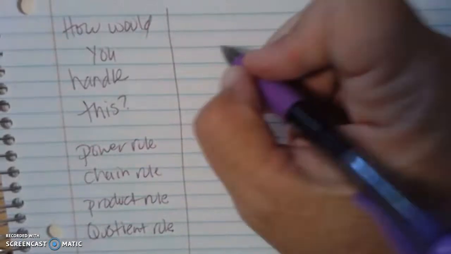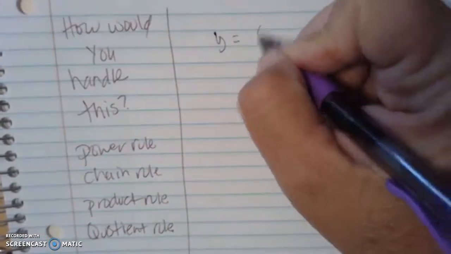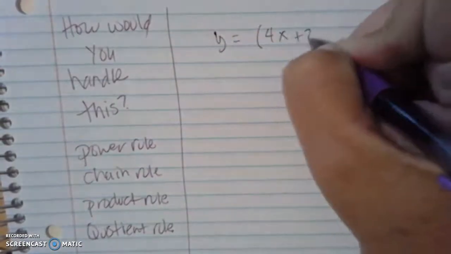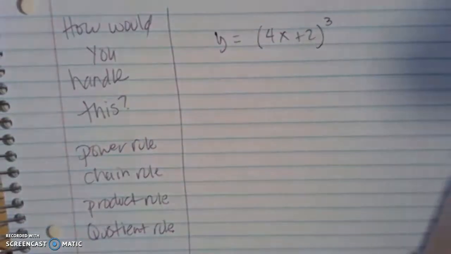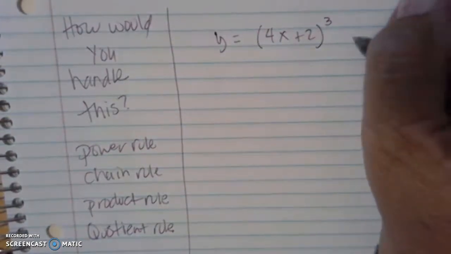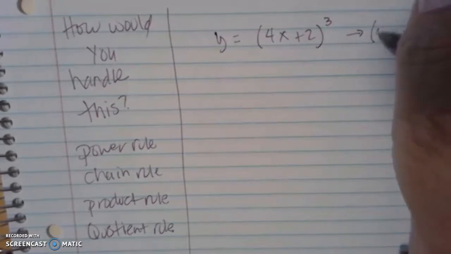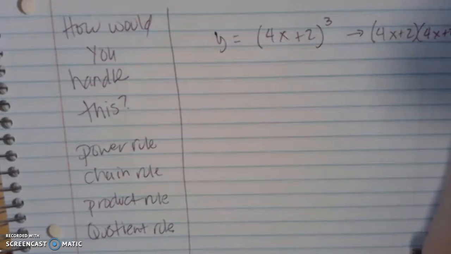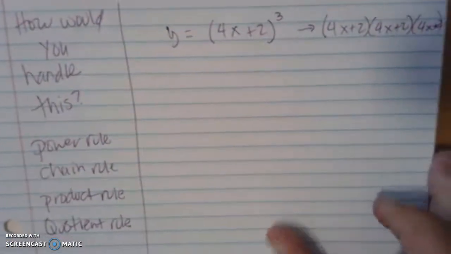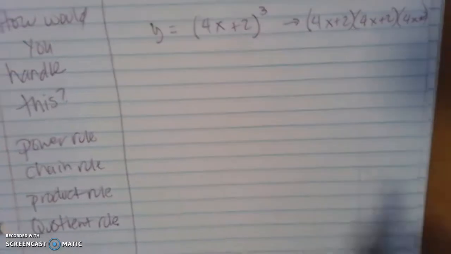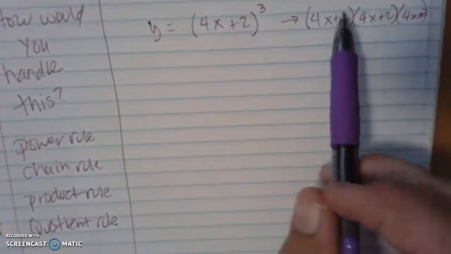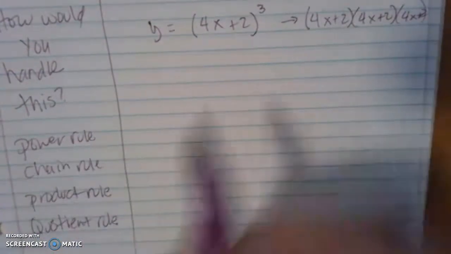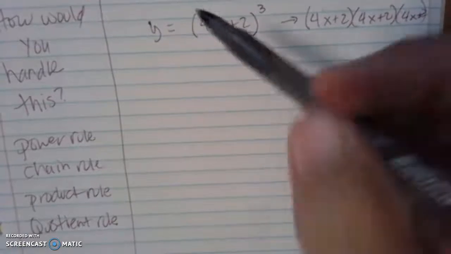Let's say the problem is y equals 4x plus 2 to the third power. I could write it out, 4x plus 2 times 4x plus 2 times 4x plus 2, and do a lot of math to figure out what that simplifies to. But the chain rule allows us a little shortcut.